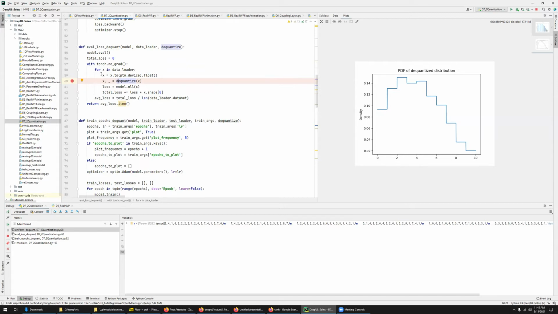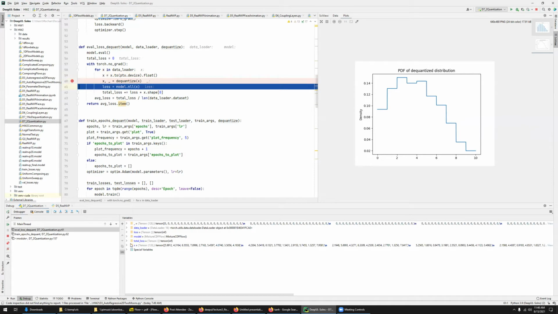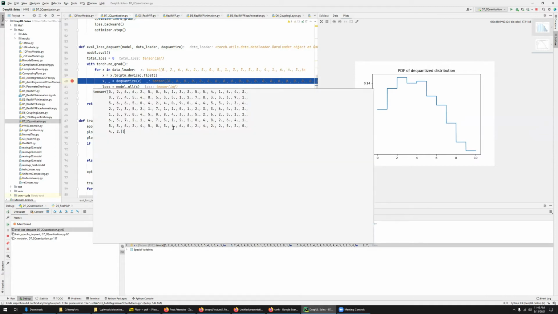I don't know if you can see it, but we have X, and X right now is all these numbers, 0 to 6.